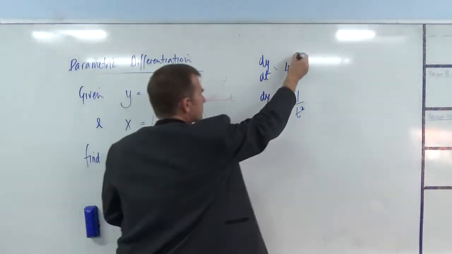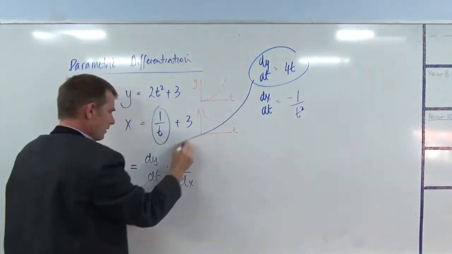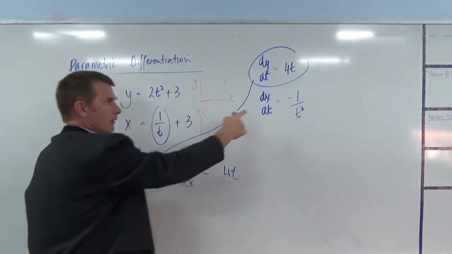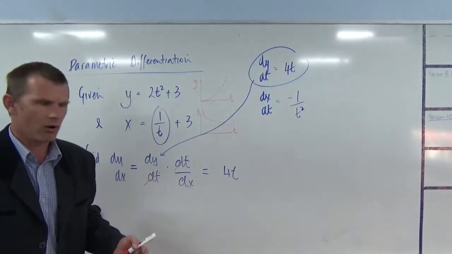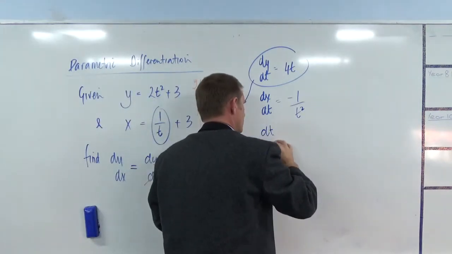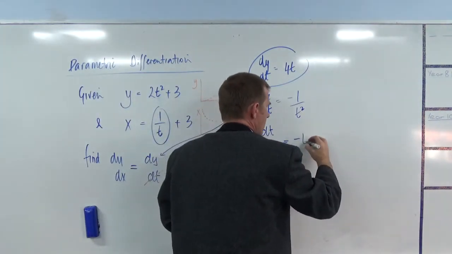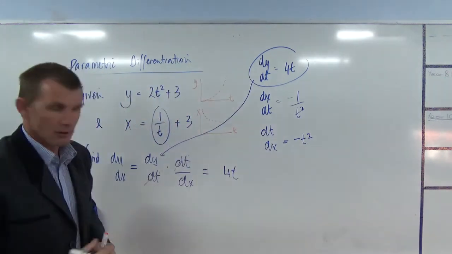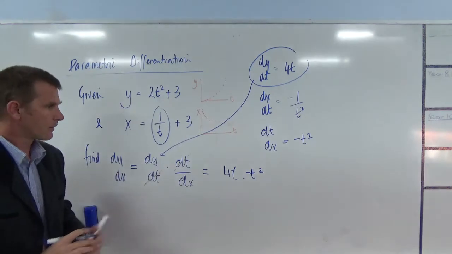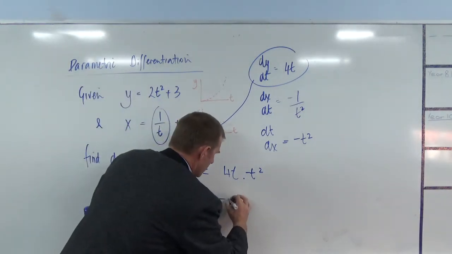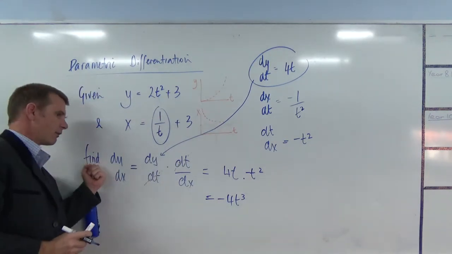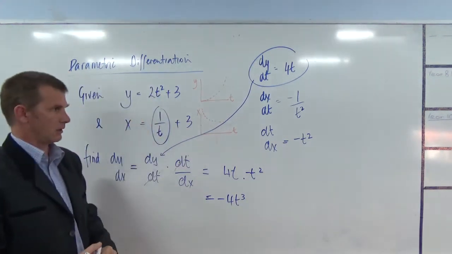Then I'll bring that one in, so that's going to be 4t. This one is not really the one I want. I want to flip it upside down. I really want dt dx, which would be minus t squared. So then here I'm just going to put minus t squared and get my derivative of minus 4t cubed. So now I have dy dx in terms of t.